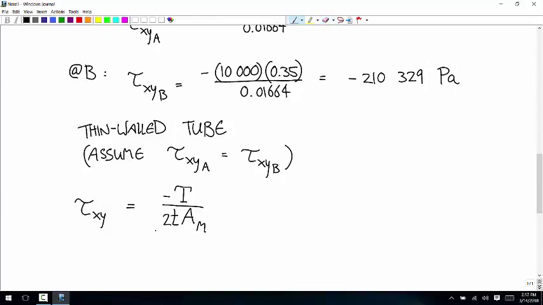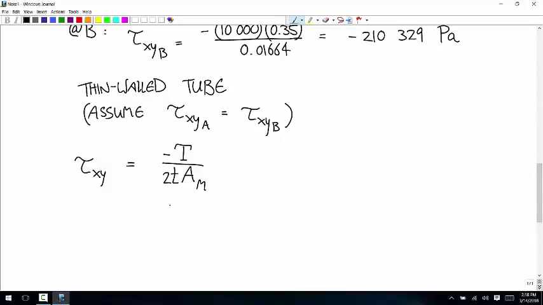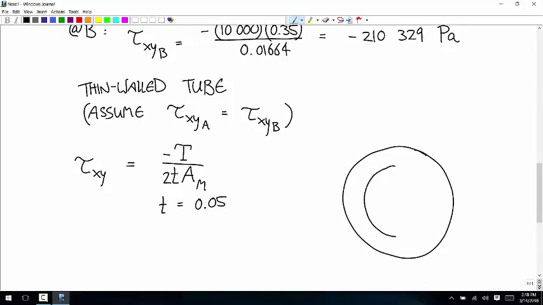So let's start getting this information together. The torque is the same as it was before. The wall thickness is 0.05. If that's the cross section, the median line is this.